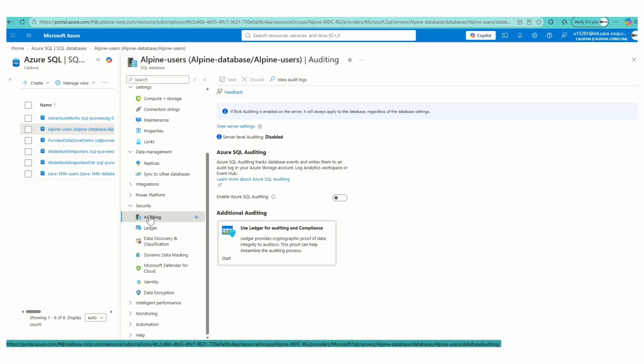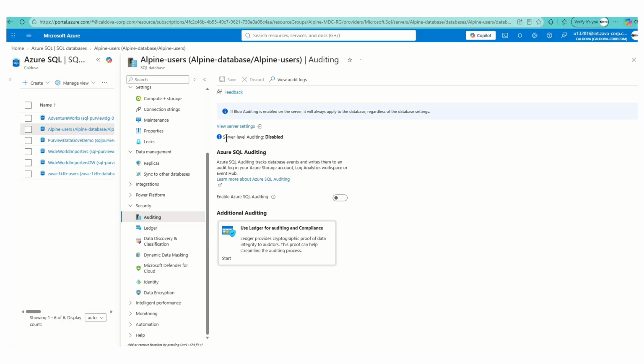Now, I see a problem here right away. Server level auditing is disabled. What that means is that for all the databases, you need to configure this manually. In most cases, the recommended approach is to actually enable auditing at the server level, because if you have many databases in a server, you would otherwise have to go one at a time.